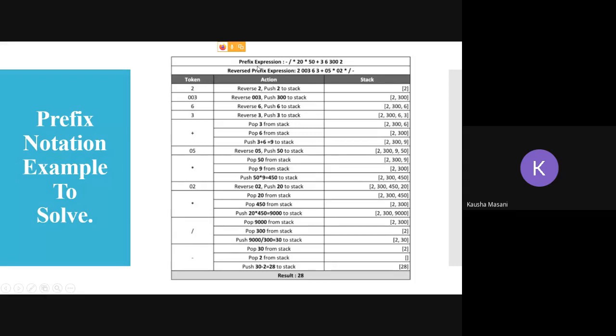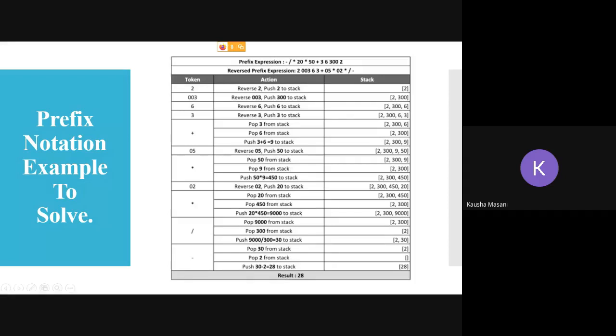Now they have reversed this prefix expression. The answer you are going to get is the same, but I don't want you to feel that we have not seen such a method. If you are comfortable with this method also, then it's fine, you can go for this method.